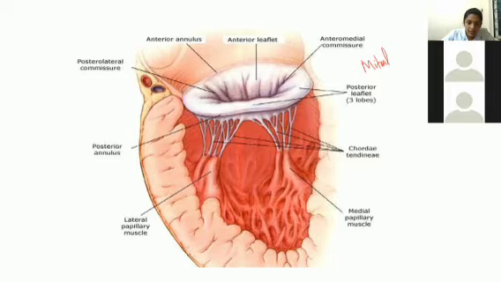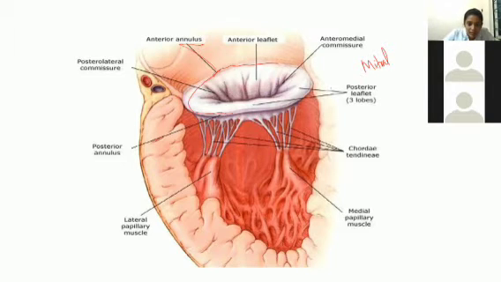This is the valvular structure. Around this valve, there is a ring-like structure. This ring-like structure which supports the valve to be in place is known as the annulus.